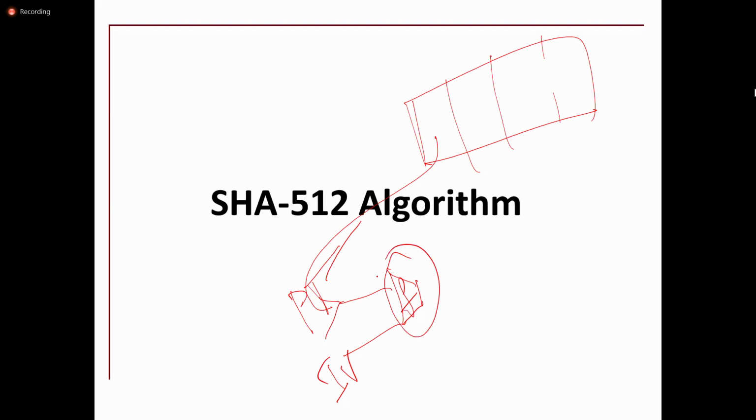Suppose the length of the initial value is n bits and the plain text block size is b bits, then it produces an n bit length output. Again, there will be another compression function which takes the output of the first block as well as the second block as input, and it produces some output.